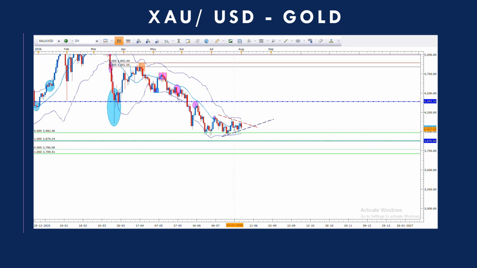It has been consolidating within this range of 100 from 4120 to 4020.